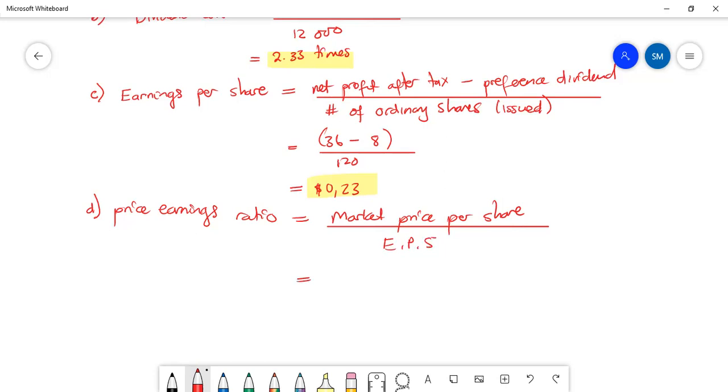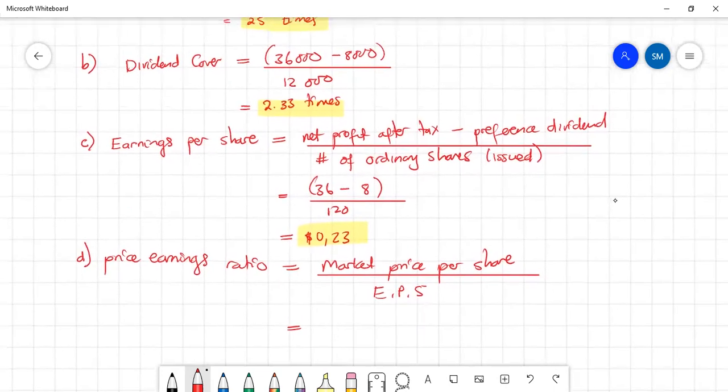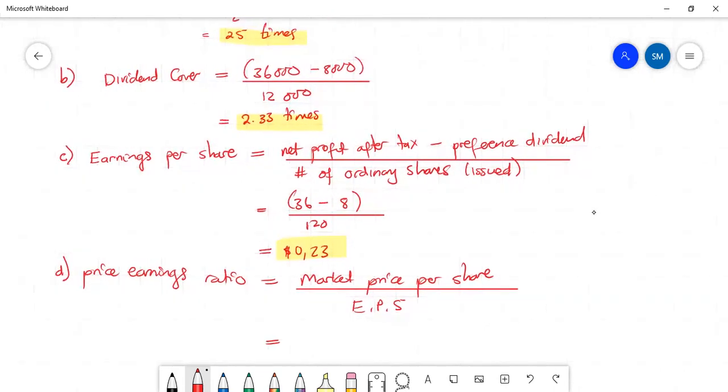So how do we go about this one? The market price for the shares is $1.80.